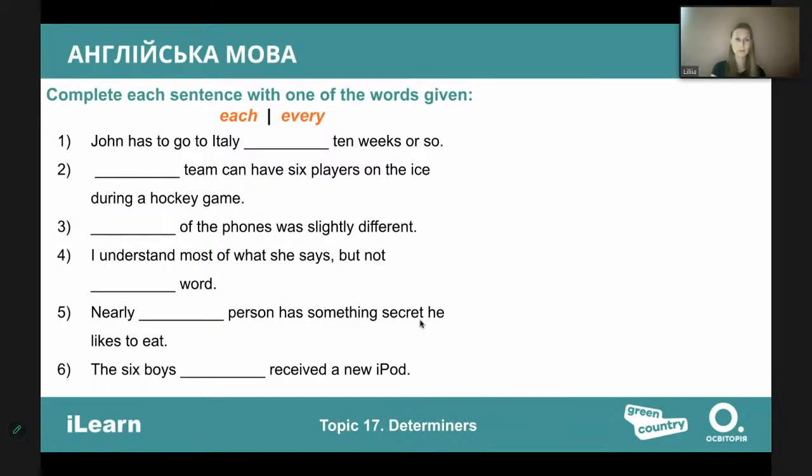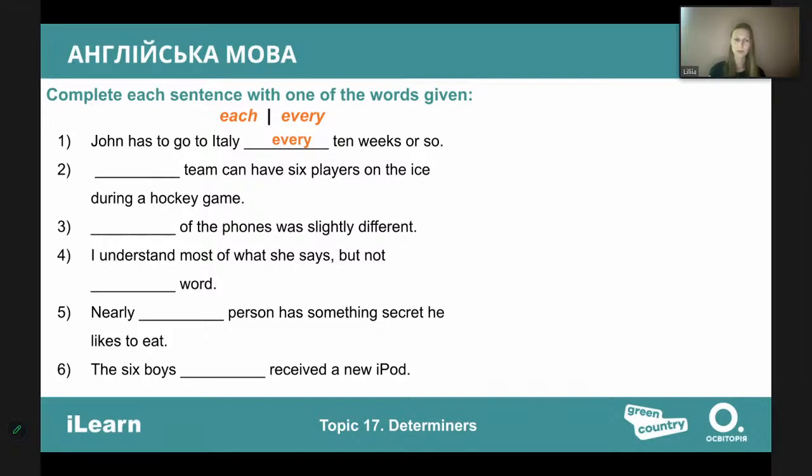Now let's decide if it's each or every. Number 1, John has to go to Italy every 10 weeks or so. Кожні 10 тижнів.